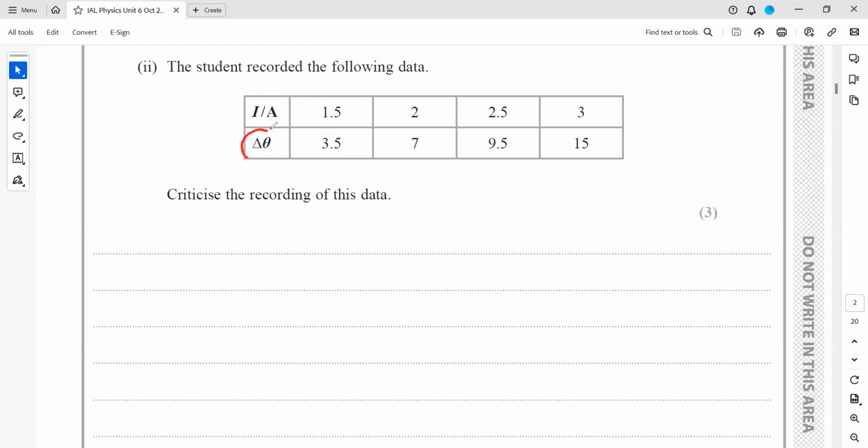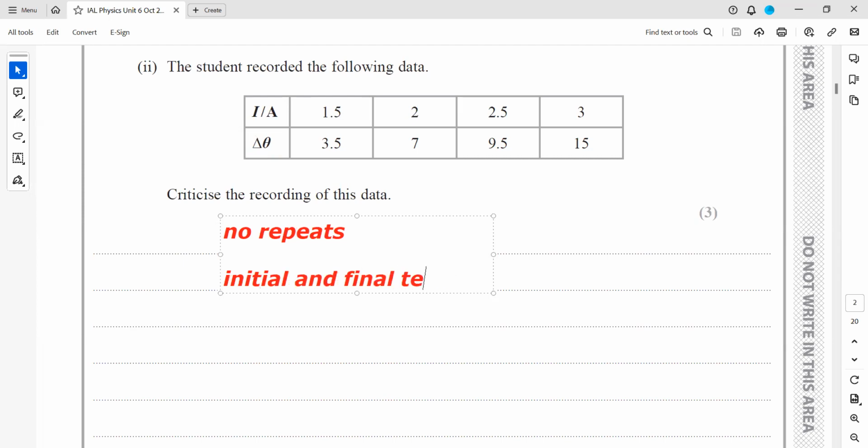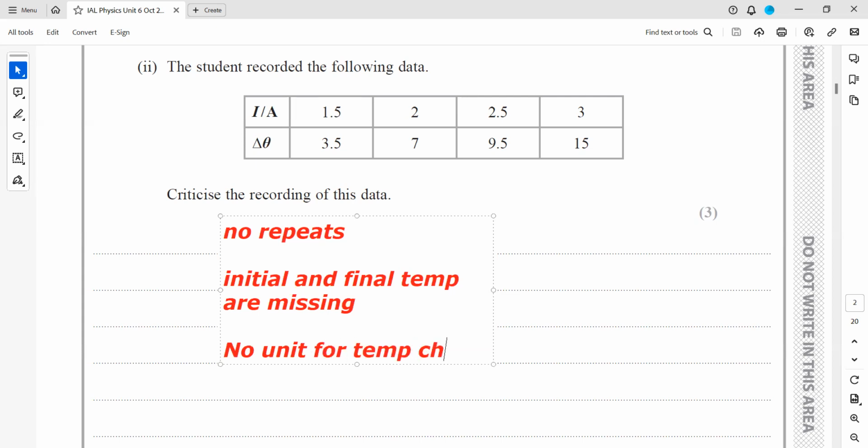And what else is missing? You can see there is no column heading for the temperature change. The units are missing here, whether it is in Kelvin or Celsius, that is also missing. So the criticisms of this reading: there are no repetitions; the student did not measure initial and final temperatures; and there is no unit for the temperature change in the table.